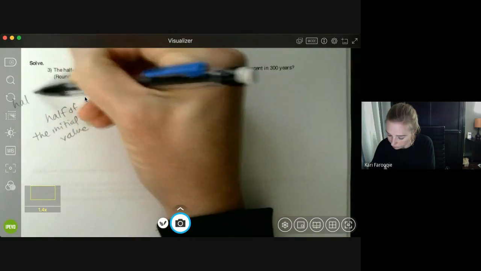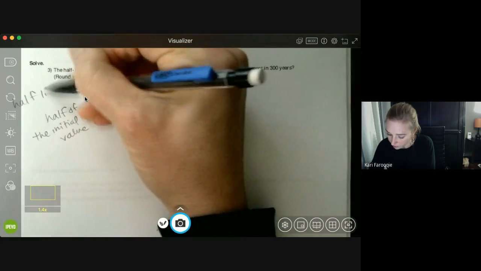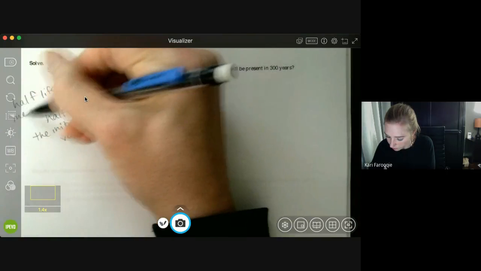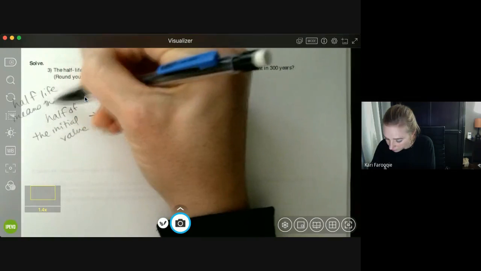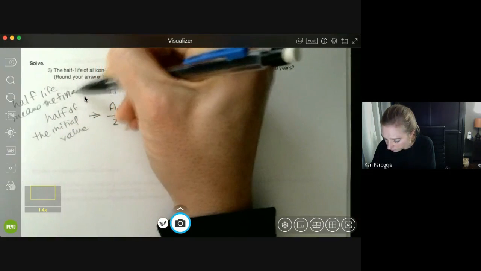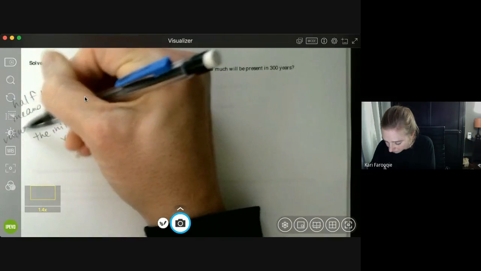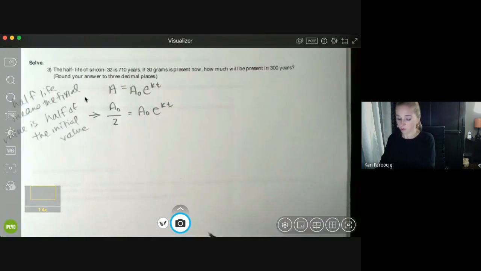Let me expand this note here. Half-life means the final value is half of the initial value.